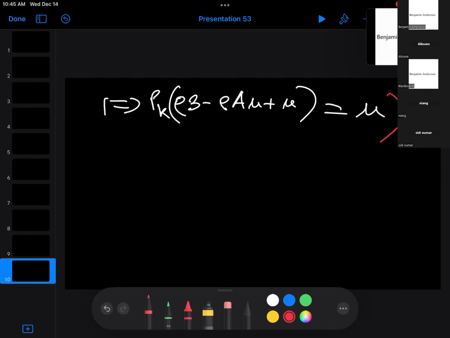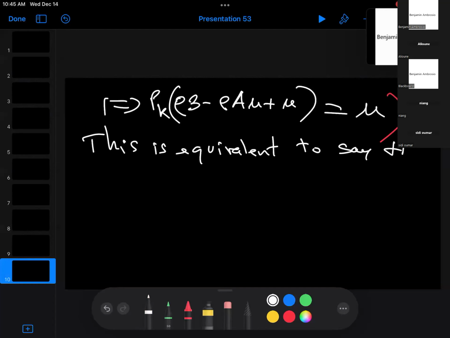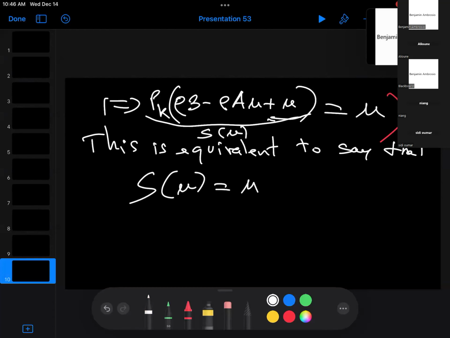All right, so this is equivalent to saying, let's call this S of u, that S of u equals u. So u is a fixed point of this application.